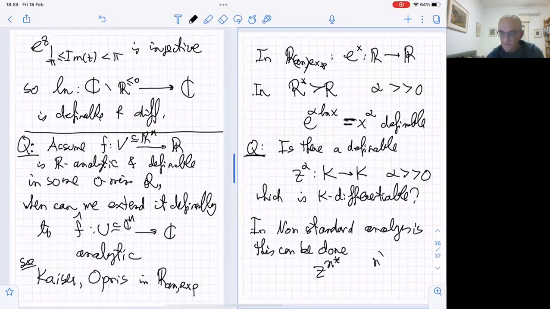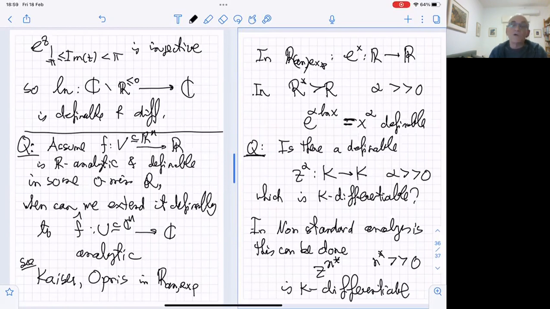And this will be K differentiable with respect to the elementary extension of the complex numbers. So the question is, within the o-minimal structure, can we have a K differentiable function in an elementary extension with an infinite power? We'll talk about that.